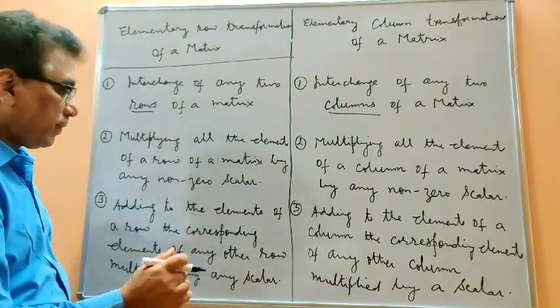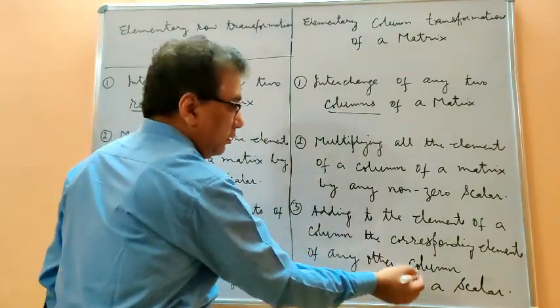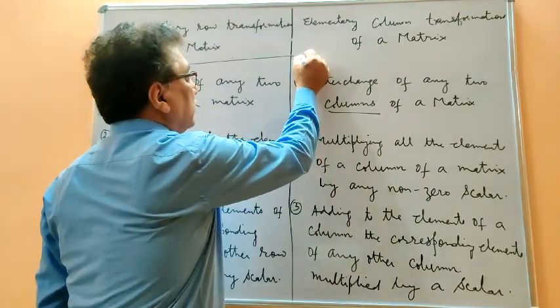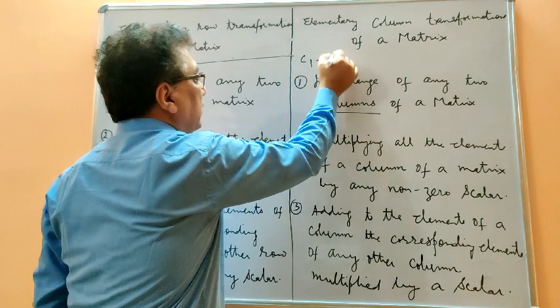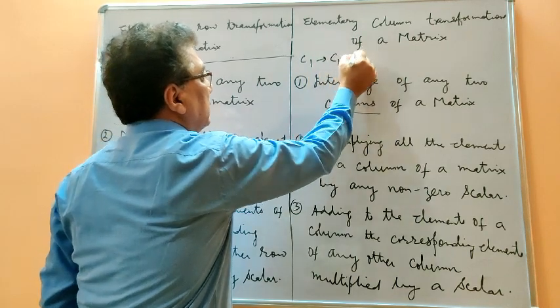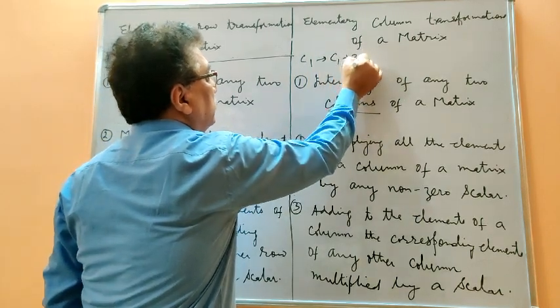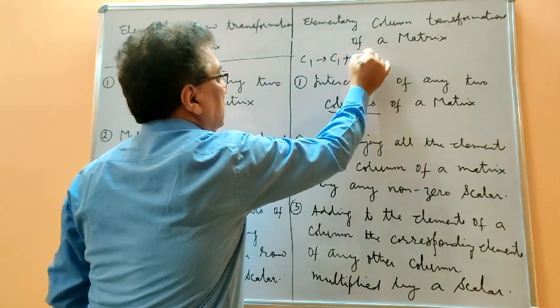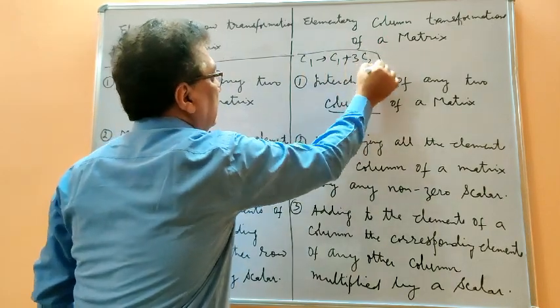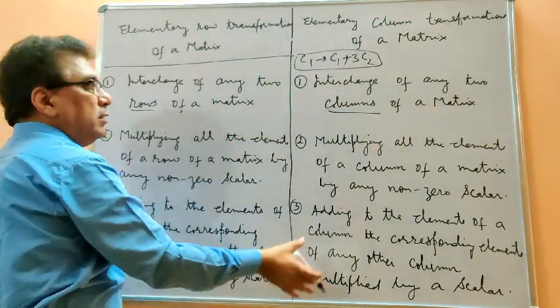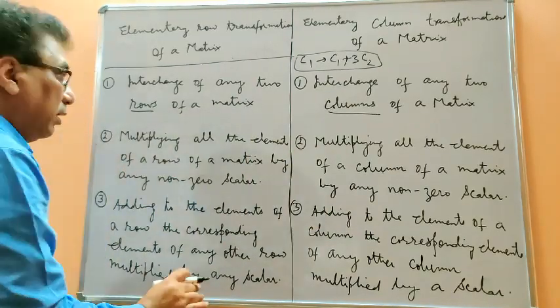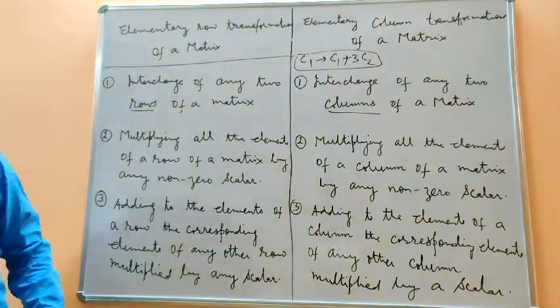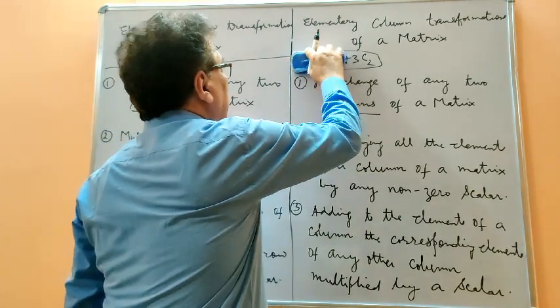Suppose the operation is in C1, so C1 plus 3 C2. This can be one of the operations here. So these are the elementary row and column transformations.